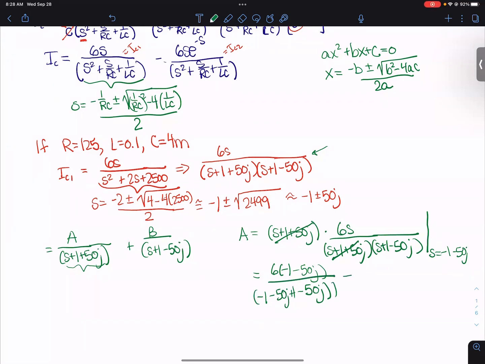Okay. And then, let's see, -1 minus 50J plus 1 minus 50J. Okay, so then this becomes a -6 minus 300J. And then the ones cancel and I have a -100J.